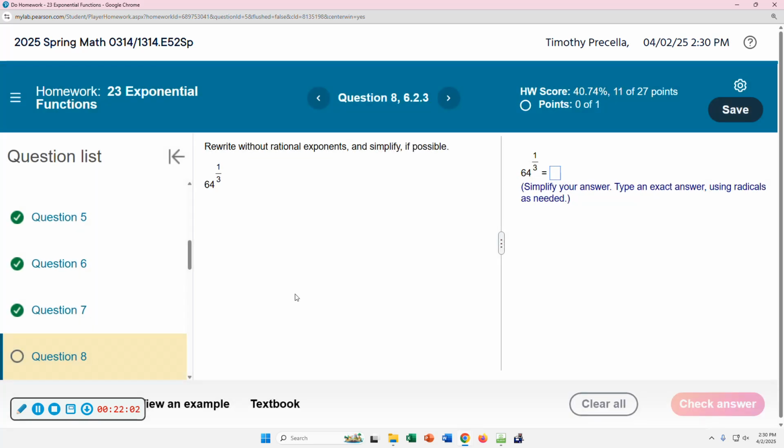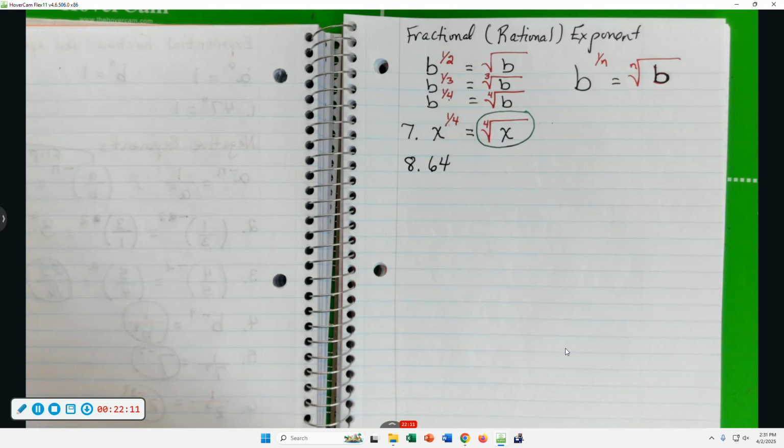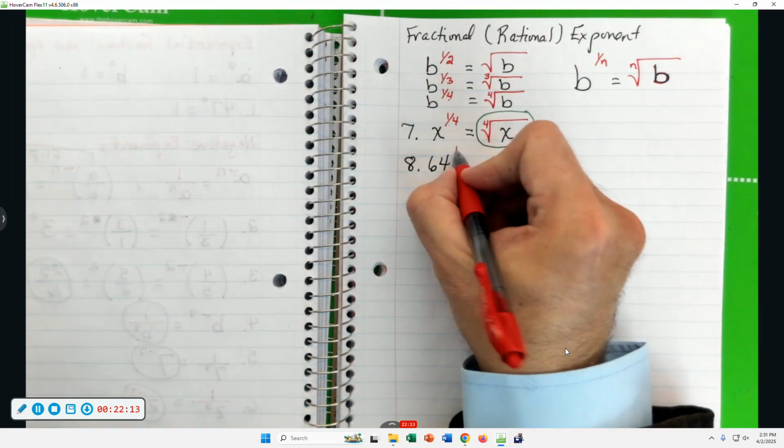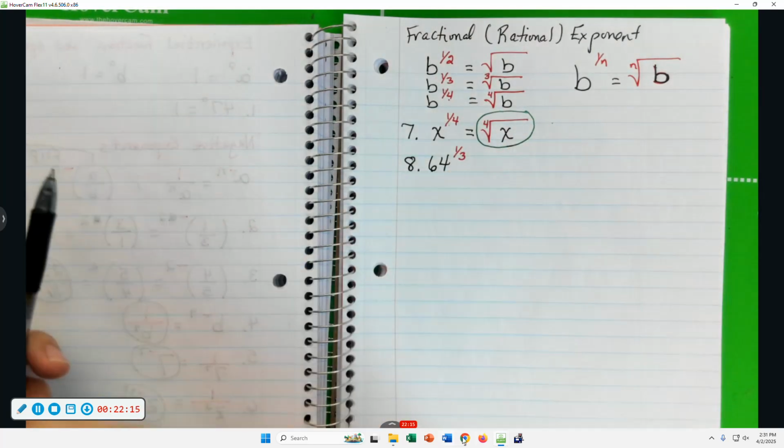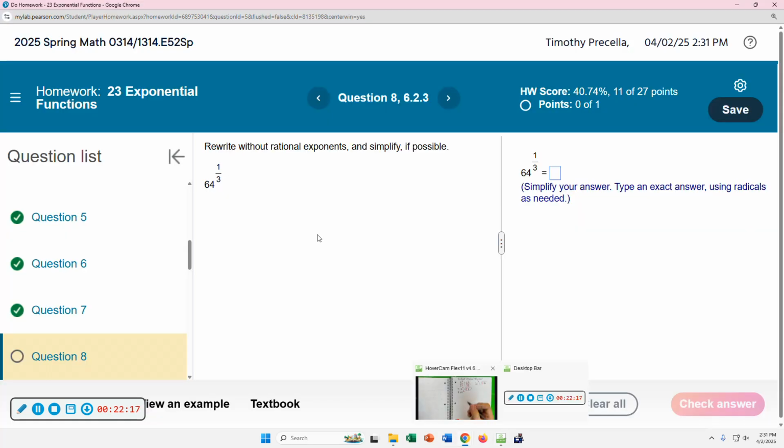Here's another one. 64 to the 1/3. Now, does it say simplify your answer? Let's see. I need to read those directions. Rewrite without a rational exponent and then simplify if possible.